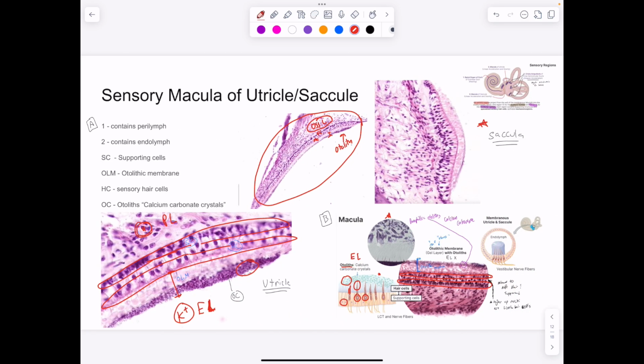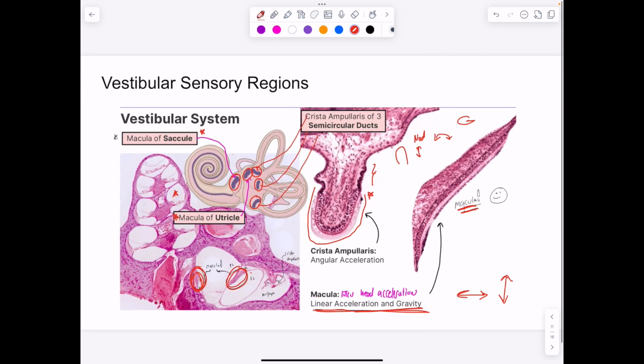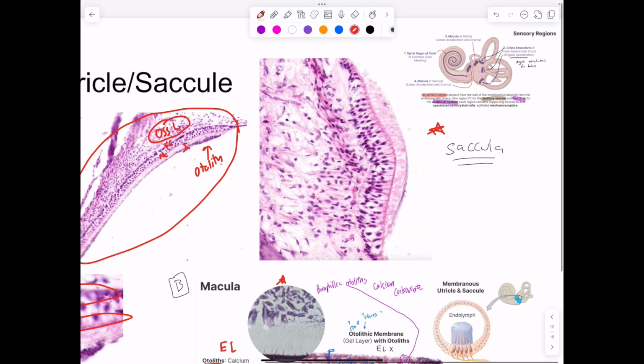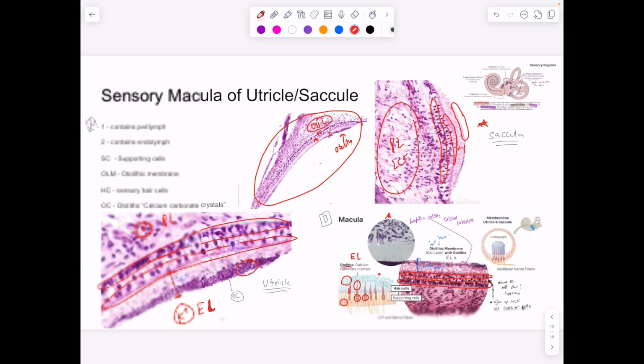This section right here is the saccule, but you can see it's exactly the same. The otoliths are a little bit harder to see here, but you can see the otolithic membrane, hair cells, and then supporting cells. And then here we have the osseous labyrinth with our perilymph, and this is loose connective tissue.